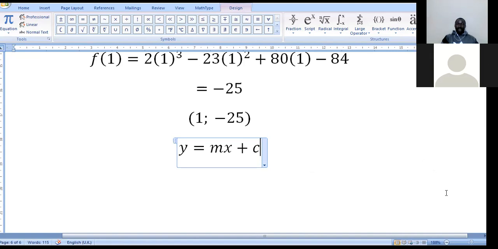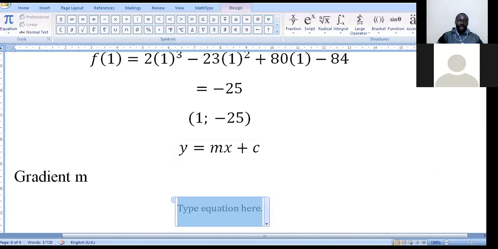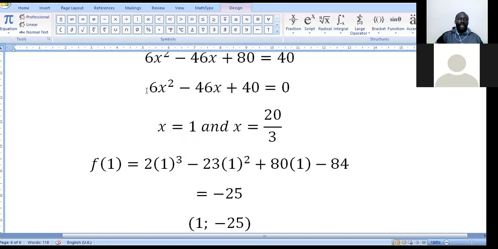M is the gradient. The gradient is dy by dx. So we say the gradient is going to be m. And how do you determine m? We say m equals the value of dy by dx. Where did we differentiate this? We differentiated it here.